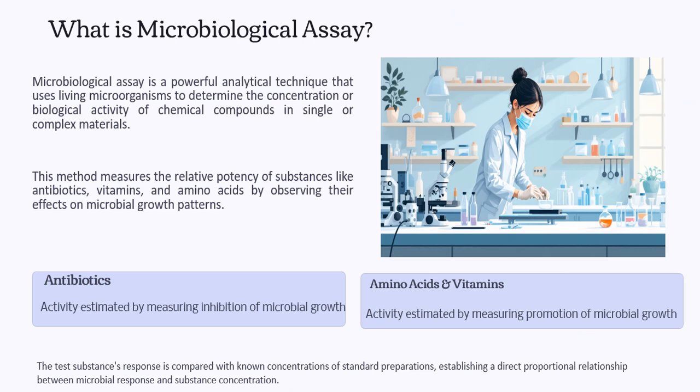In the case of antibiotics, activity is estimated by measuring inhibition of microbial growth. And in the case of amino acids and vitamins, activity is estimated by measuring the promotion of microbial growth.